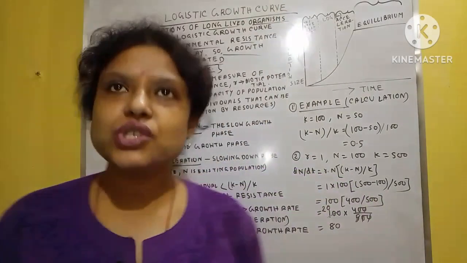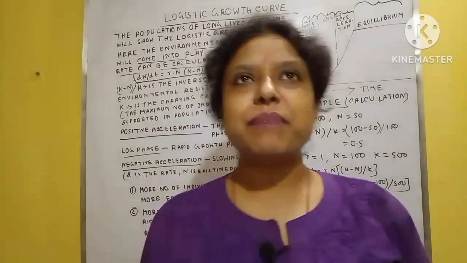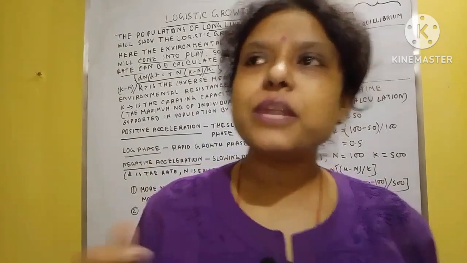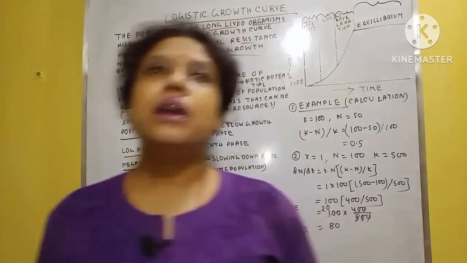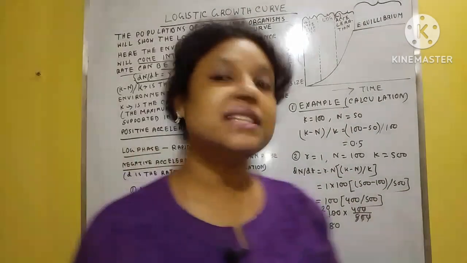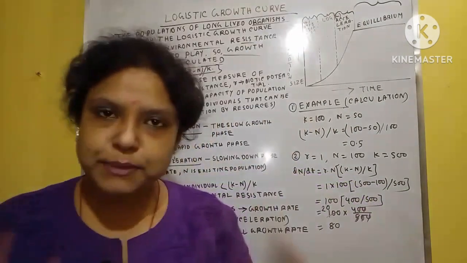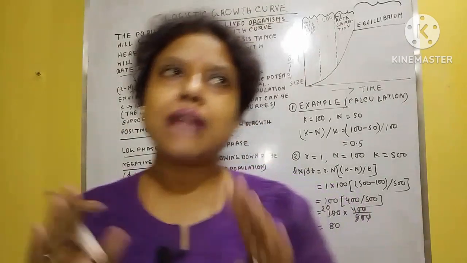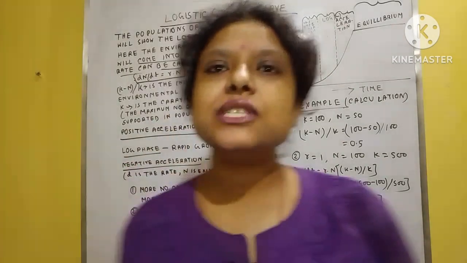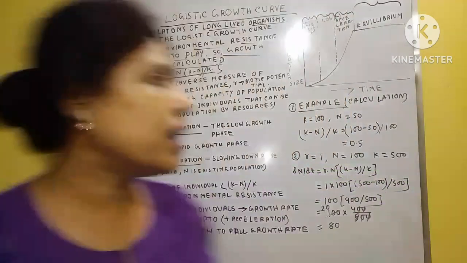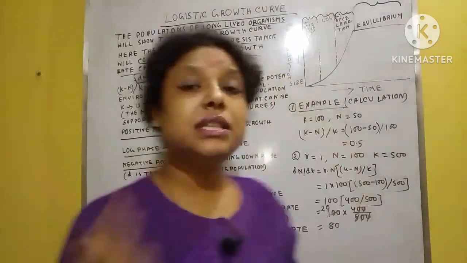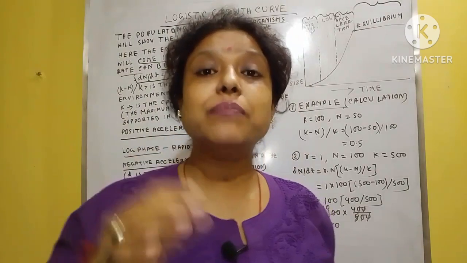So the environmental impact is not seen properly. But in individuals where the lifespan is longer, the effect of nature is seen properly, and in that situation the growth rate changes.